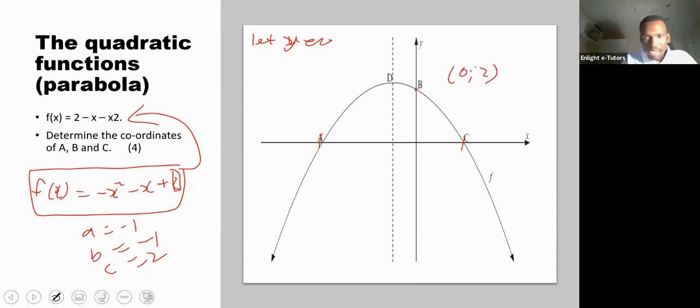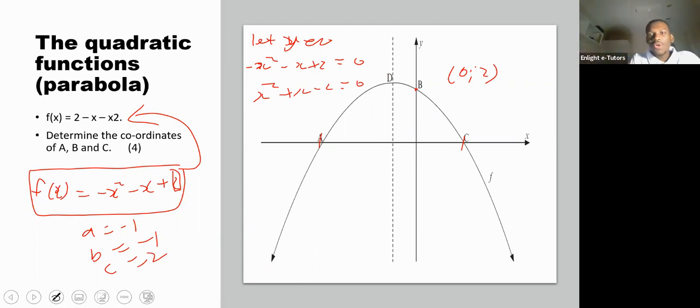Okay. So what we're gonna have now is negative x squared minus x plus 2 is equal to 0. We transfer all of this thing to that side. We're going to have x squared plus x minus 2 is equal to 0.